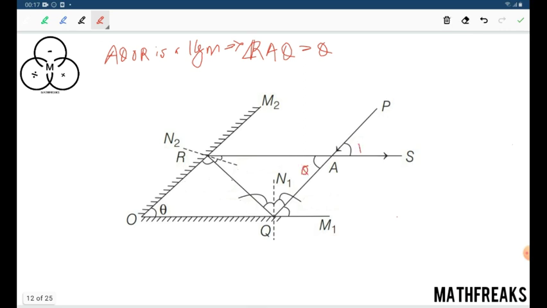So this is theta, this is theta. Now since these are parallel, these and these are corresponding angle, this angle will be 90 minus theta, this will also be 90 minus theta, this will be theta. Now what about this angle?